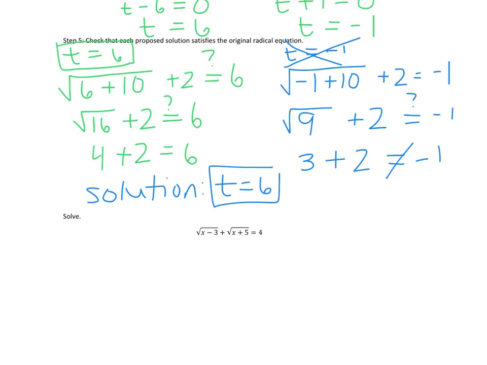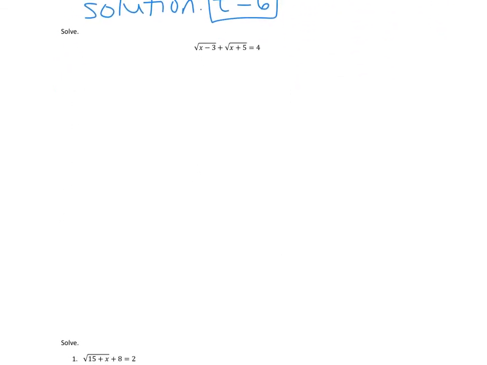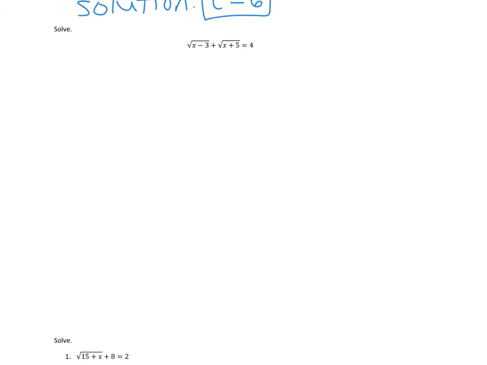All right. This next example, notice we have two radicals in this equation. So let's see how we're going to do this. So we're going to go through our first step. Let's isolate one radical. I'll subtract square root of x plus 5 from both sides.